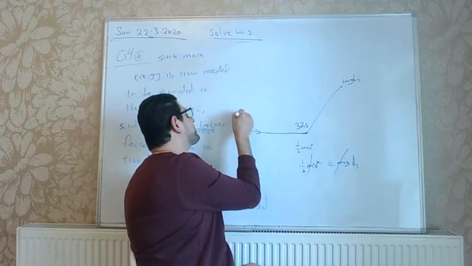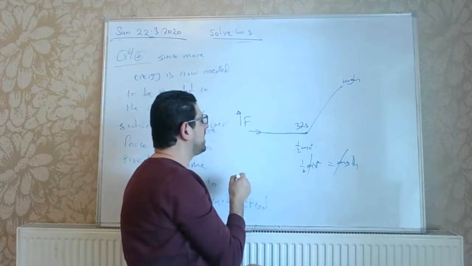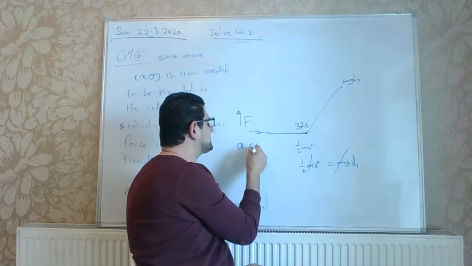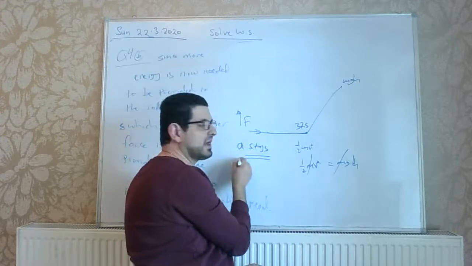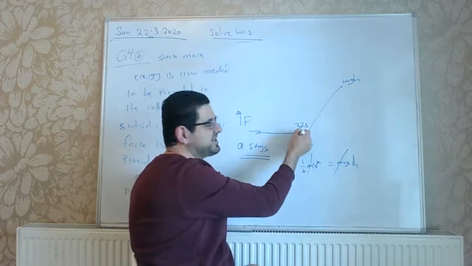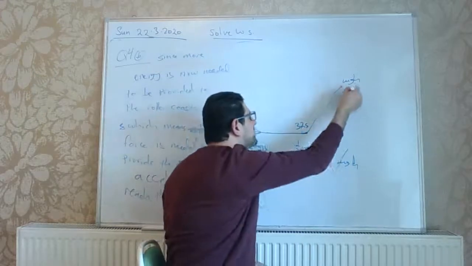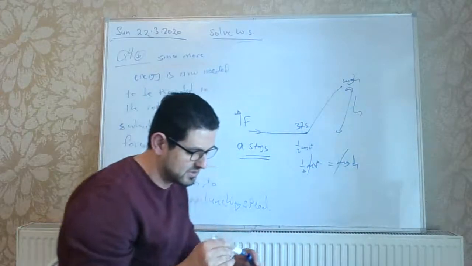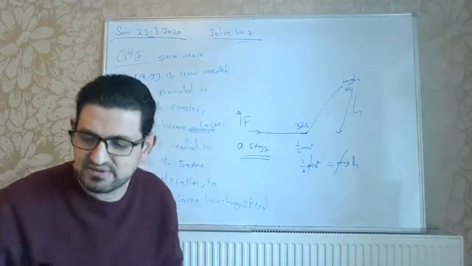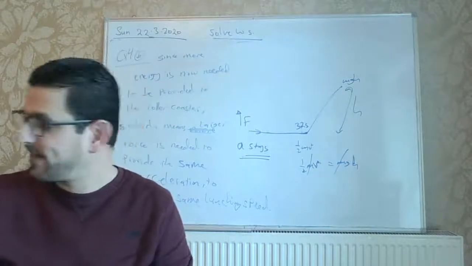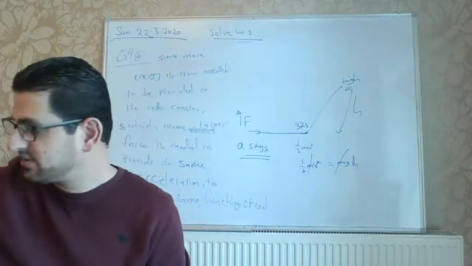So here we need to provide bigger force so that the acceleration stays the same. If the acceleration stays the same, the speed here is the same, so the height it can go up is the same. But this is the idea. Is what I'm saying clear? Do you have a question there?